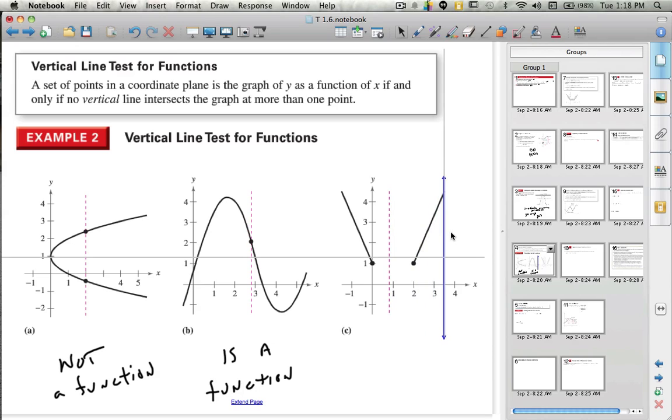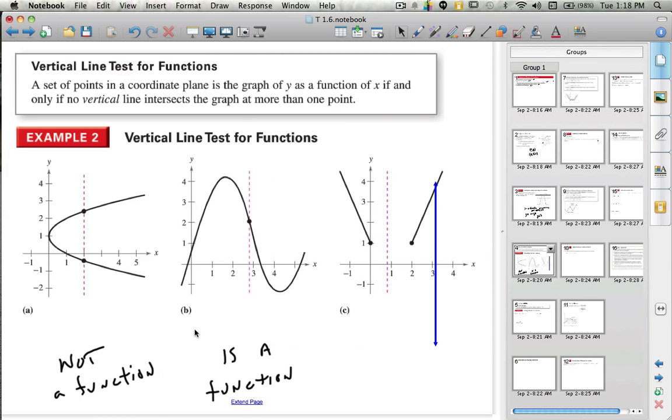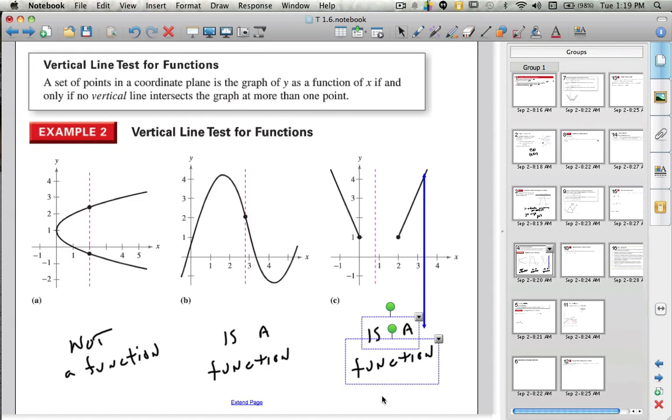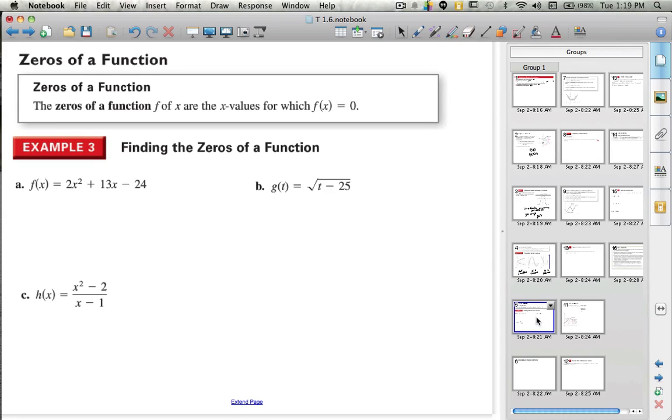I just never hit it in more than one place. I can hit it not at all, that's fine. And so this one is also a function. Oops, excuse me. Is a function. Okay, so that's the vertical line test. It's a very simple test, and it lets us find out whether or not the graph we're looking at is the graph of a function.